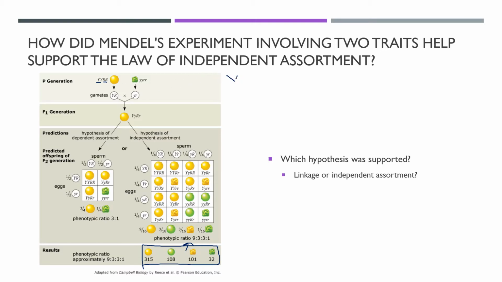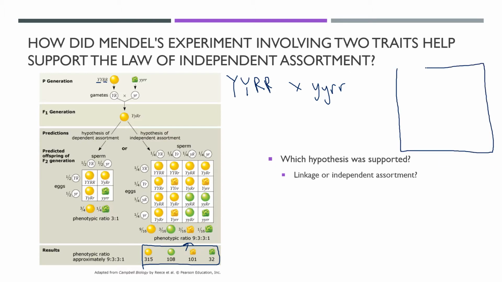So if we have our parents, we have big Y, big R, is crossed with one that is homozygous recessive for both. The first thing we have to do is we could draw our little Punnett square here. And this one, it's going to be a lot bigger. It's a 4x4.